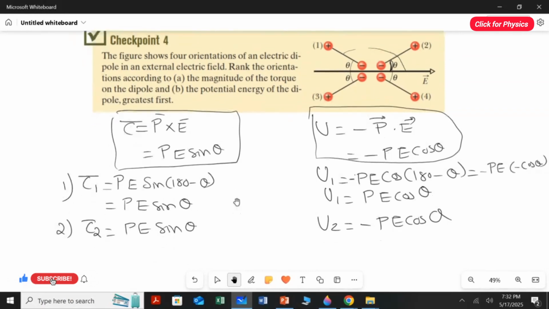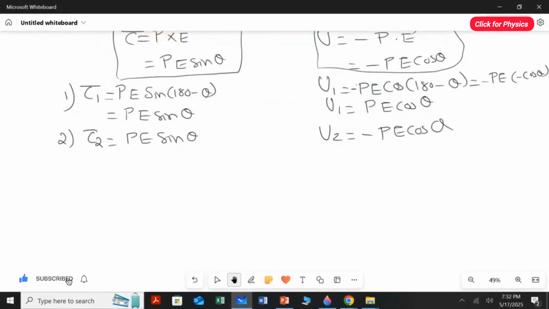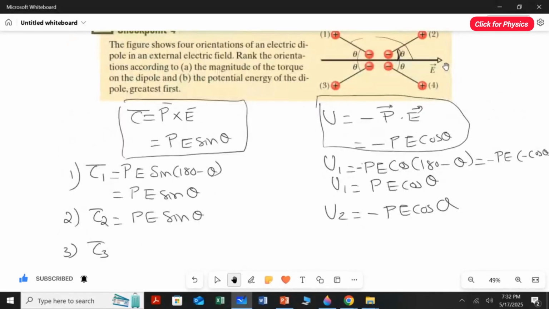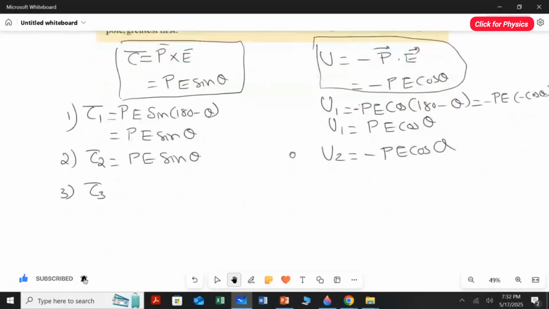Clear? Now we have to use the same thing for the third dipole. Again, we have to see the diagram and come in the clockwise direction, but no issue. This is the angle theta. So what is this angle? This angle for the third dipole is 180 minus theta, right? So here we have to write PE sine of 180 minus theta, which is equal to sine theta.